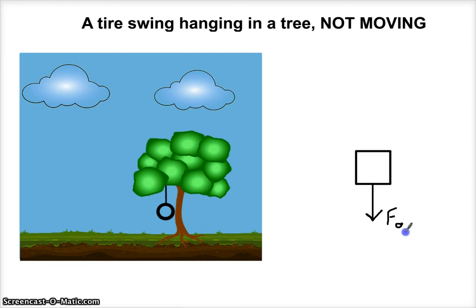So we have our force of gravity. And we're going to have an upward force, and it's not moving up or down, but it's also not sitting on the ground. So it can't be normal. It can't be air resistance because it's not flying through the air. This time we're going to call it the tension force. So force of tension. That's an FT.